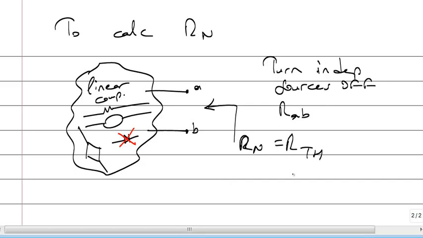R Thevenin and R Norton are the same values. In the Thevenin equivalent model, you will measure the Thevenin resistance similarly.